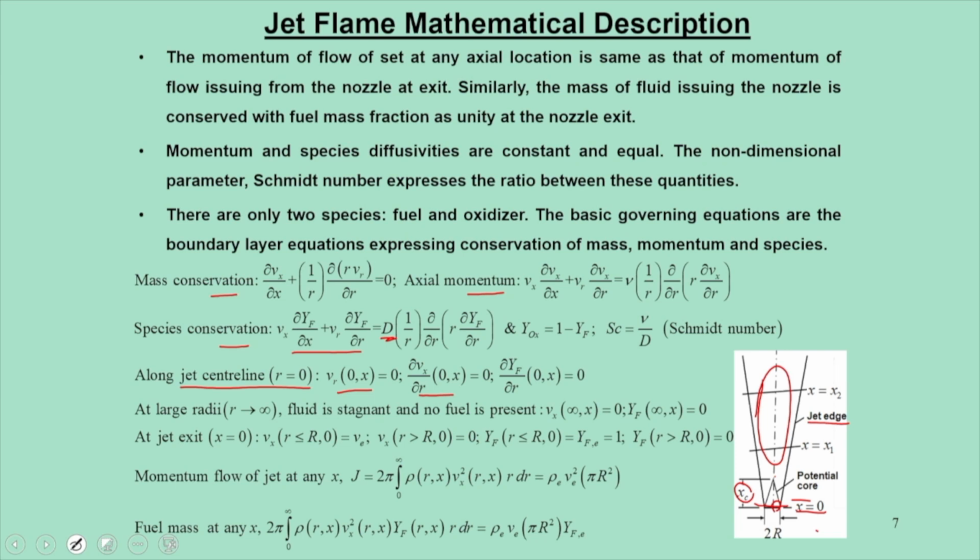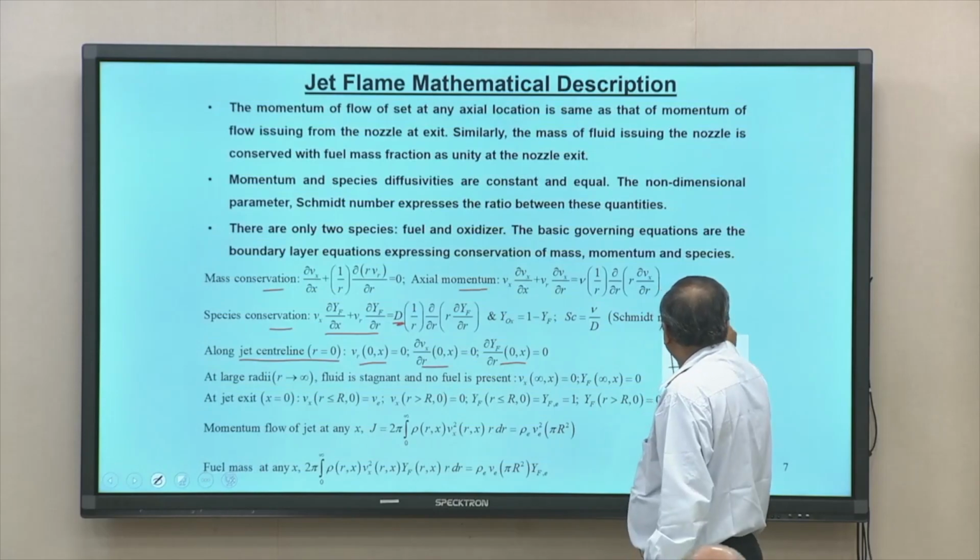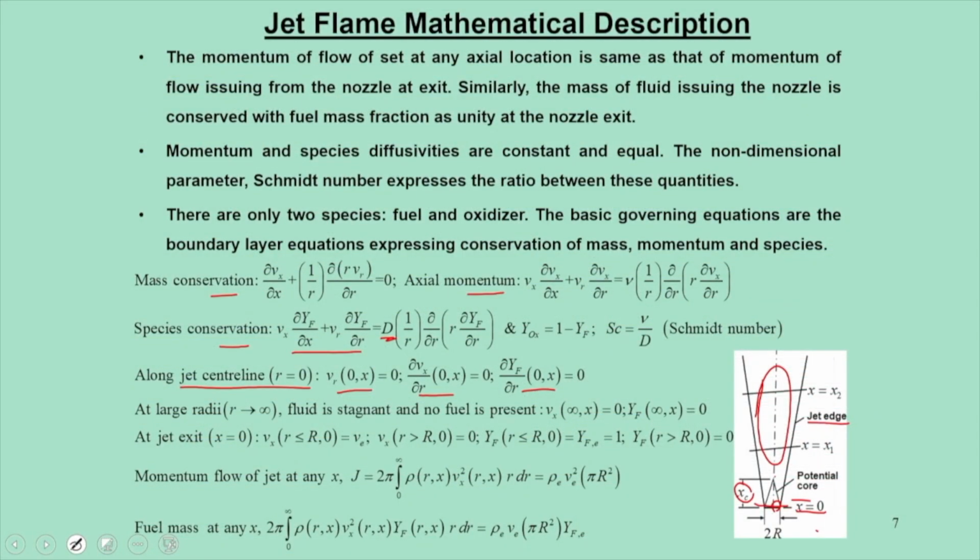At that location, dVx by dr is equal to 0. Similarly, we can find this for the fuel fraction also. At large radius, meaning if you go far away, the fluid is stagnant and no fuel is present. So this is the condition for Vx, and this is the condition for the mass fraction of the fuel.